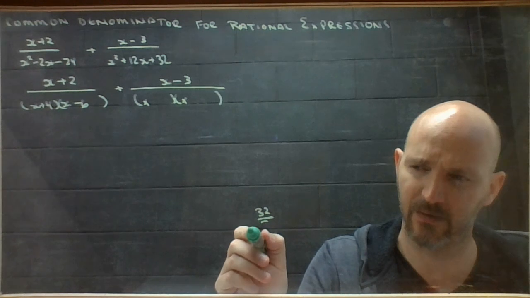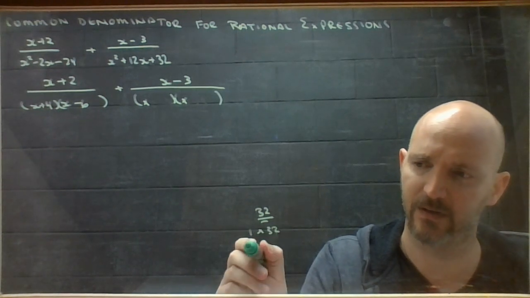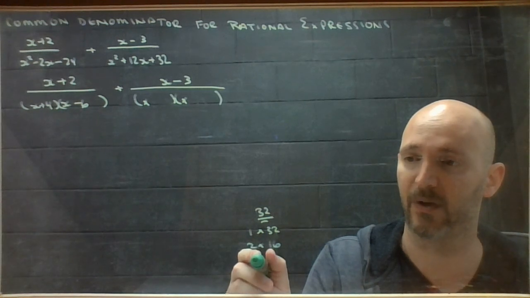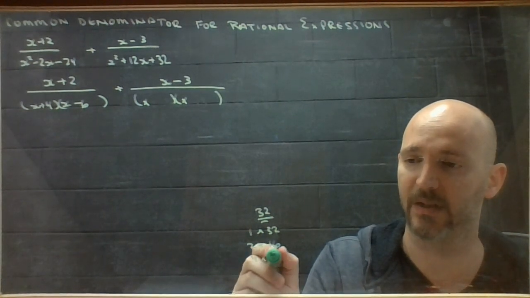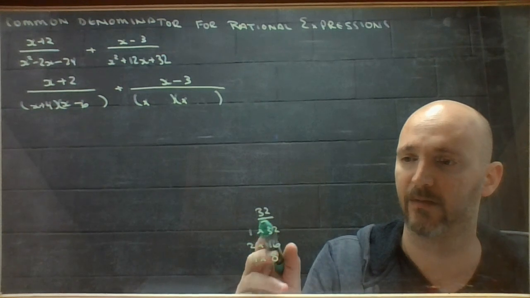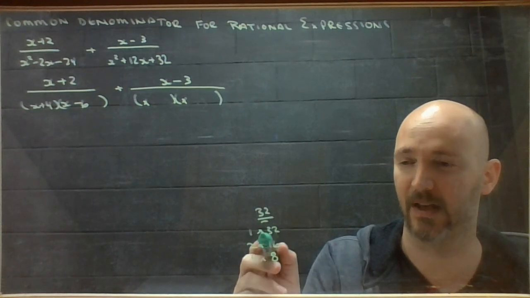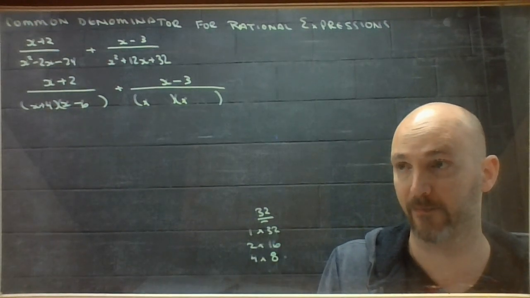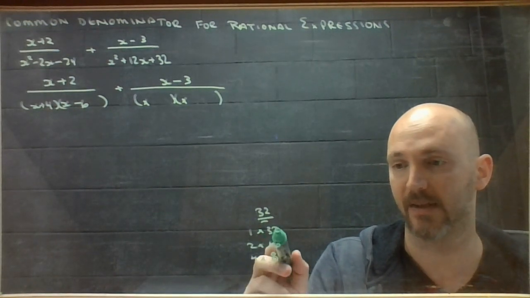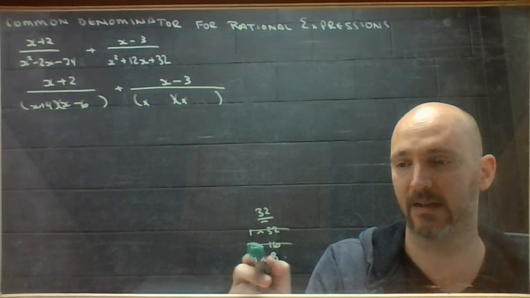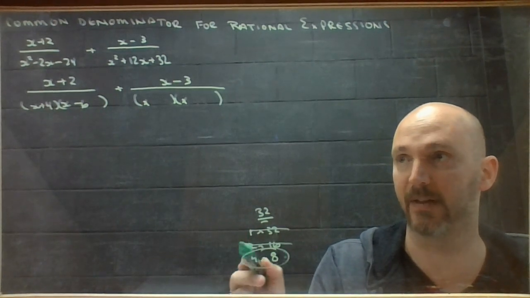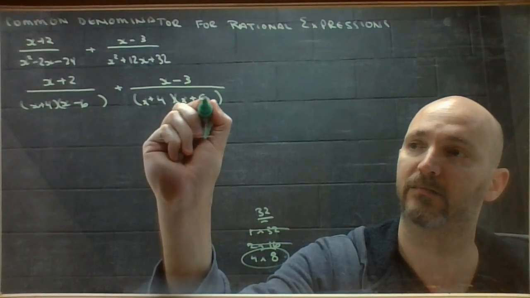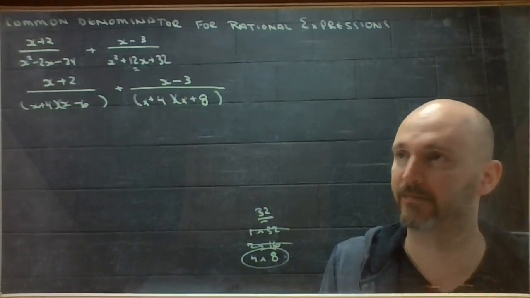So 32 is 1 times 32, 2 times 16, 3 doesn't work, 4 times 8, 5 doesn't work, 6 doesn't work, 7, 8 works, but I've already got it. So there's my full list. That's 33. That's 18. 4 and 8 is 12. That's the combo I want, because that's 12.